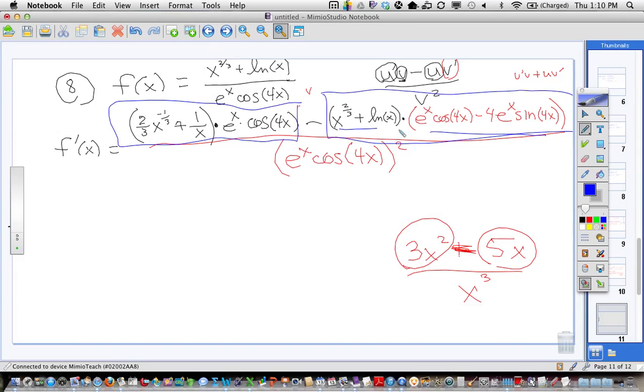Are they a factor of this thing? E to the x is, because in this red part I could factor out an e to the x there. So then I'd have this, e to the x, and that. So e to the x would be a factor of this, and of this, so I could pull an e to the x out of the whole top. And down on the bottom, I not only have an e to the x, I have two of them, right? So I could cancel one of them with an e to the x up there.